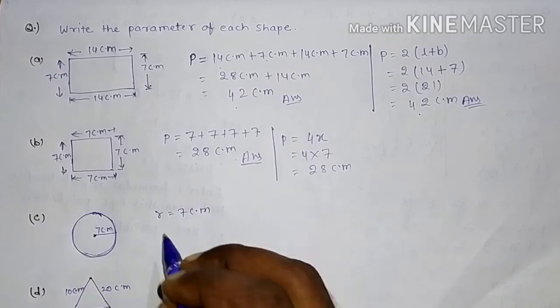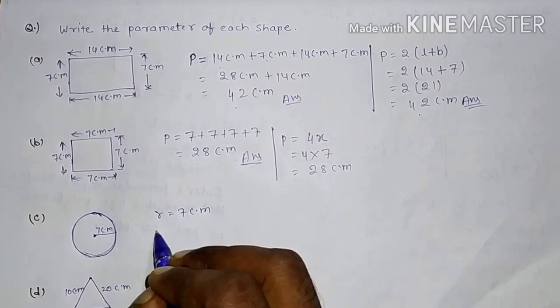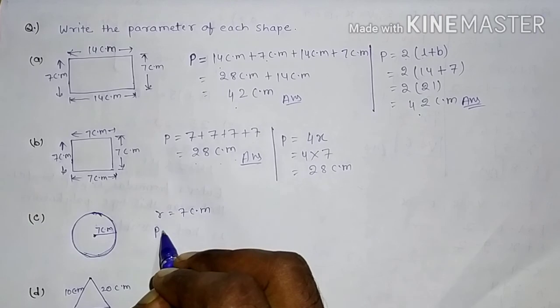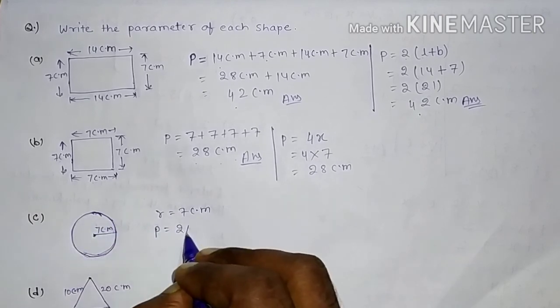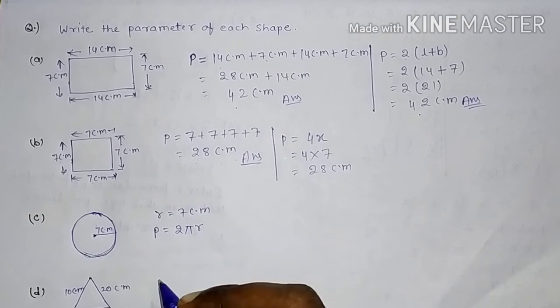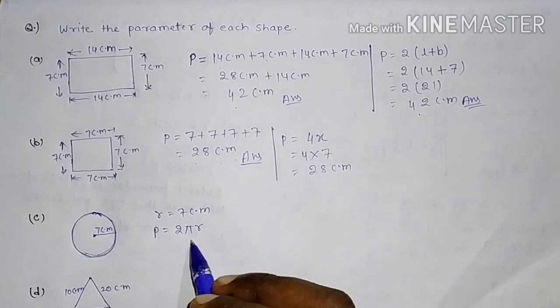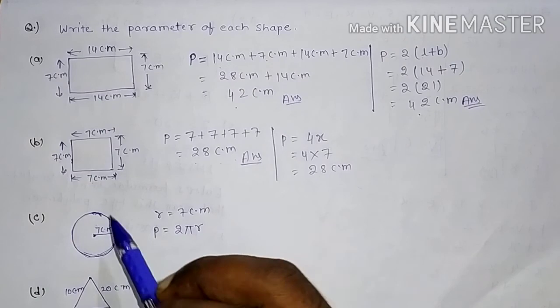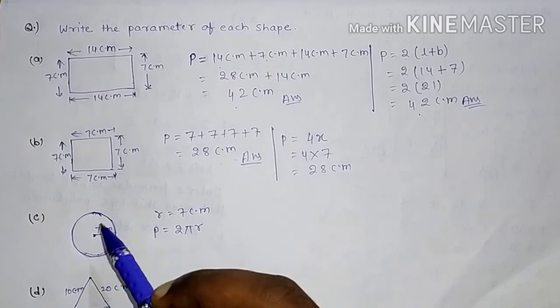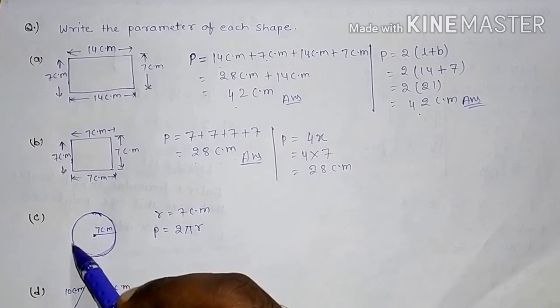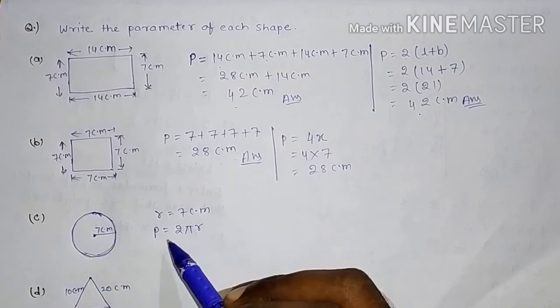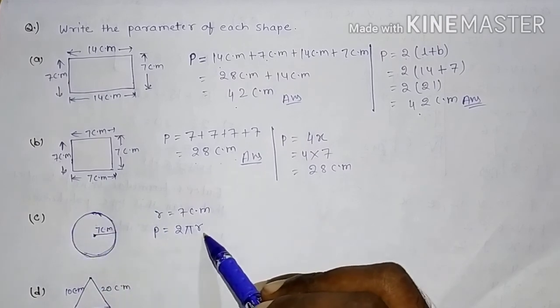So we can write perimeter, circumference, equals 2 pi r. This is the formula. And we also know that the area of the circle is pi r square, and the length of the circumference of a circle equals 2 pi r.